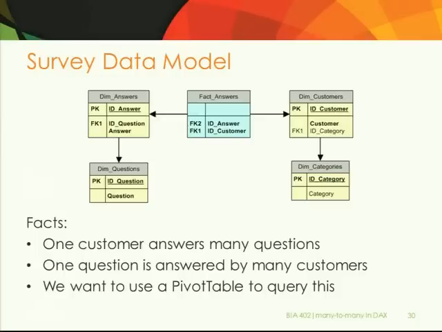A question is related to an answer, and the customer gives us an answer. The fact table now is nothing but a very big bridge table between question and customers. If a customer answers a question, there is a row in the fact table. Of course, many customers answer many questions, and so we have the many-to-many structure here.